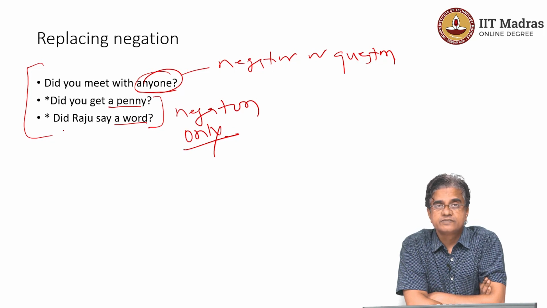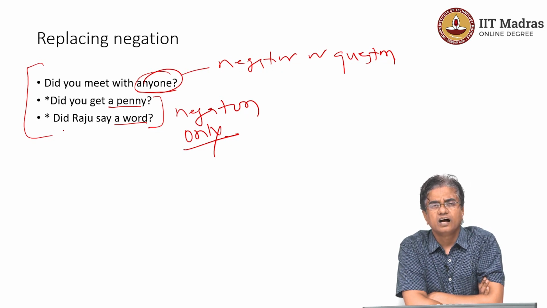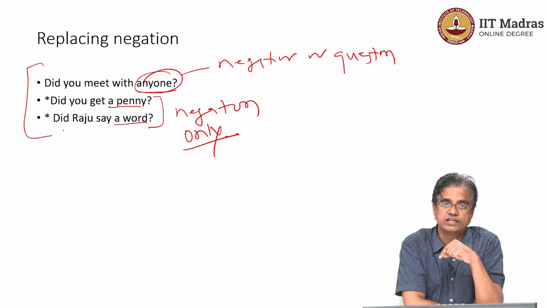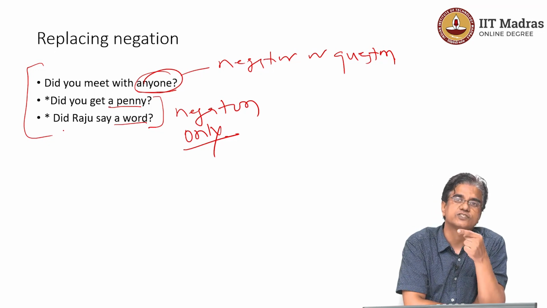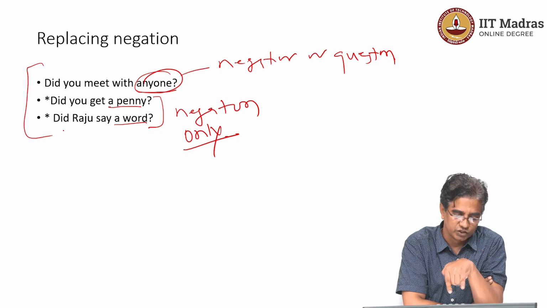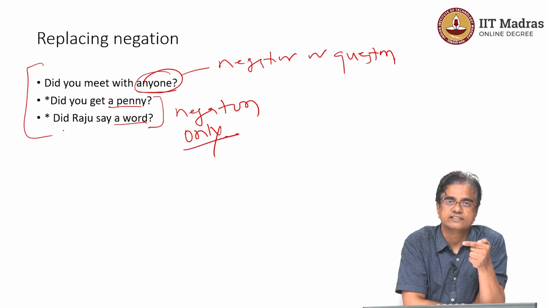Compare them with negative sensitive elements of English, and see how you learned these elements effortlessly when you acquired your language as first language, and that will give you an insight into why we need to pay attention to that process of learning in order for us to learn these things in a new language.